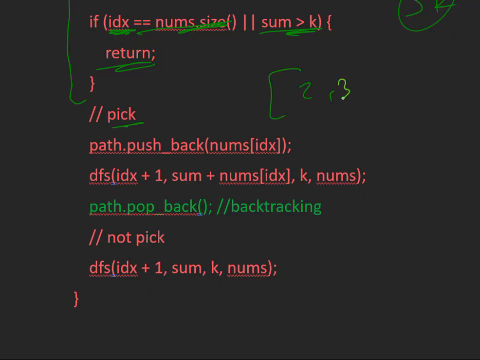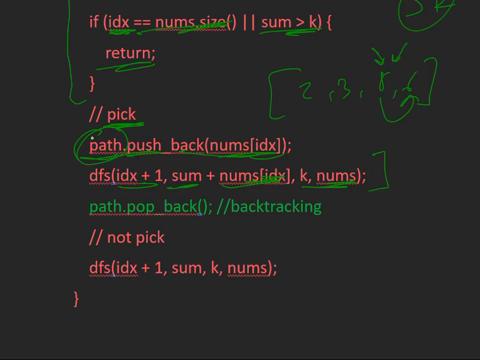Suppose we have 2 3 5 6, we will check whether we will be taking this element or not taking this element. If we are taking this element, we push it in the vector path, and then we call with the index increased to the next one and our current sum increased with nums of index, and call the function again.